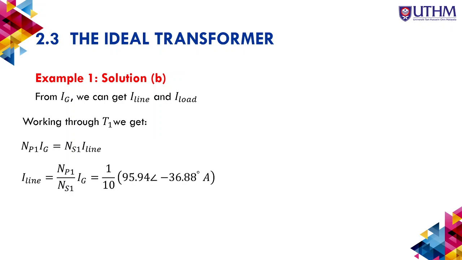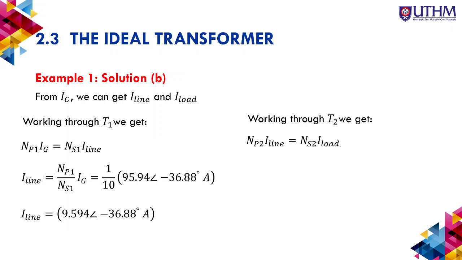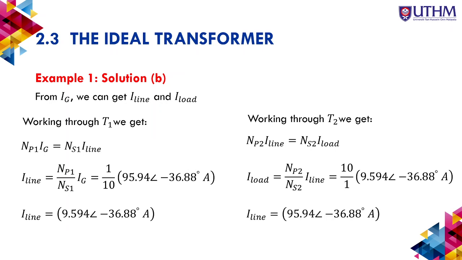So we will get the I line, and once we get the I line, we can get the I load. Oh, this is written wrongly. Not this one, it should be I load.